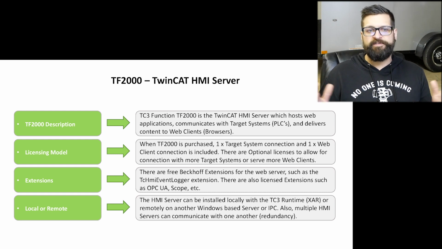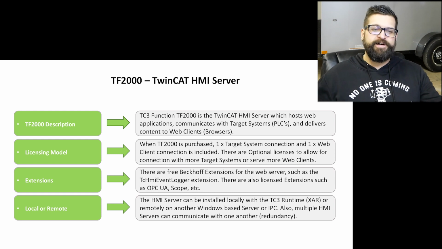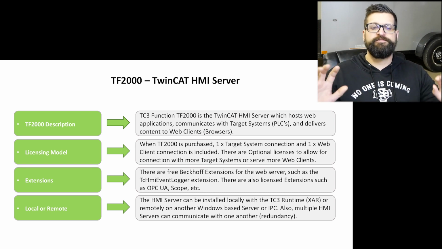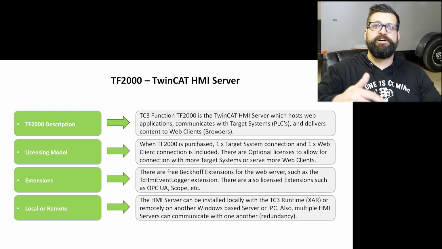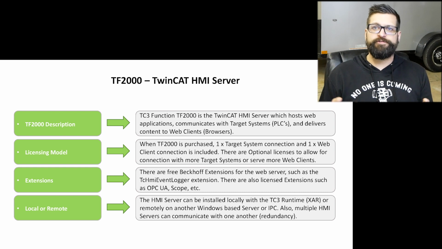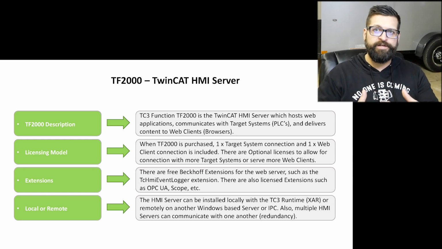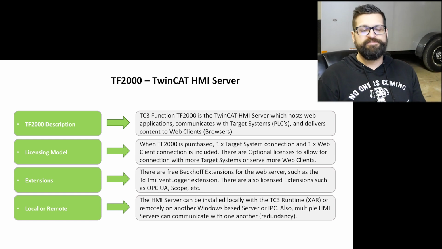Do you want a bunch of edge clients, where you've got multiple specialized systems out on a plant floor and you want an HMI for each of those, individually licensed, with individual web servers that just talk to one another? Or do you want more of a centralized system where all of these target systems, all of these PLCs, are communicating back to one or multiple central web servers?